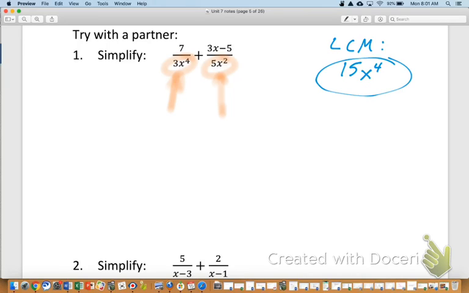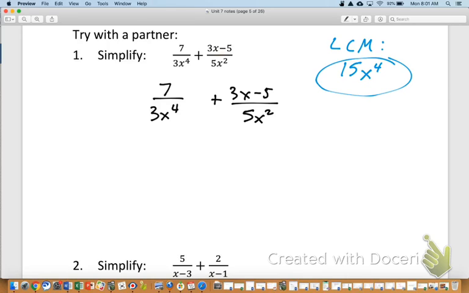While you're thinking about that, I'm going to rewrite this, and then I'll hear what you guys have to say about that. So I got this, and I've got that. Okay, so any thoughts? Let's just look at the first fraction.